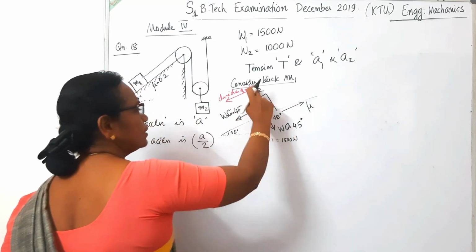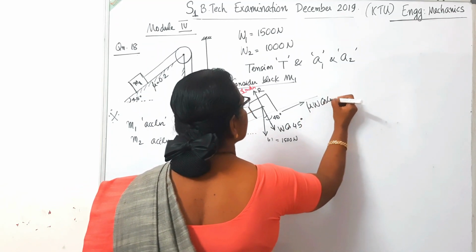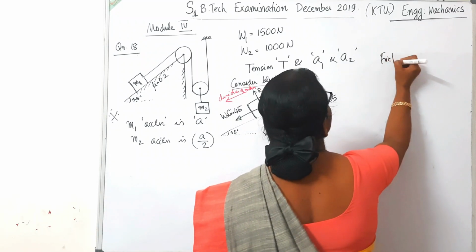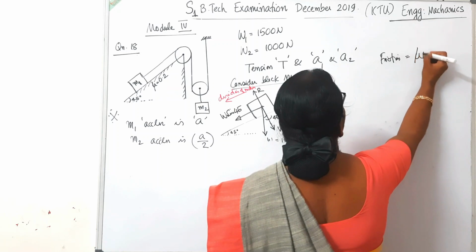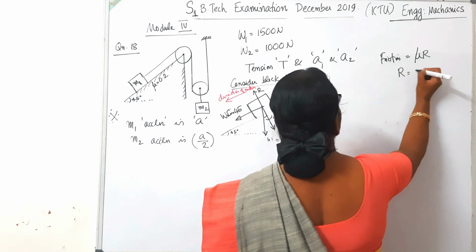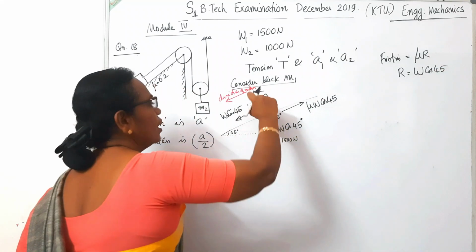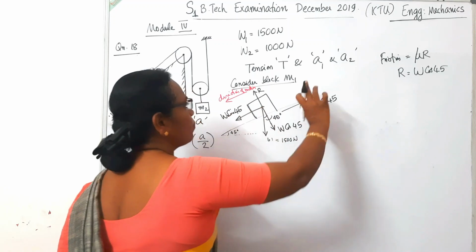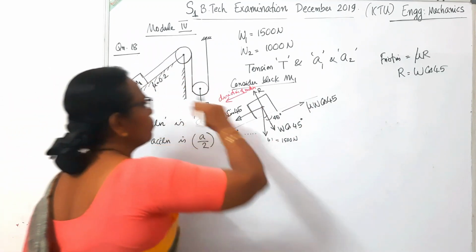Normal reaction is nothing but W cos 45. So mu W cos 45. Frictional force, we have studied, is equal to mu R, where R is equal to here W cos 45. So this is mu W cos 45, opposite to the direction of motion. So now the string is here.